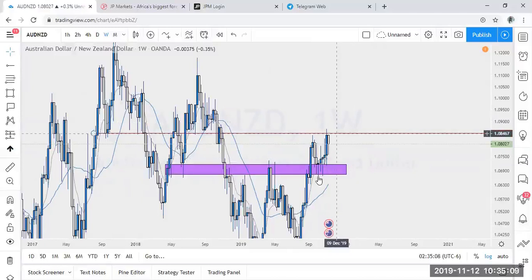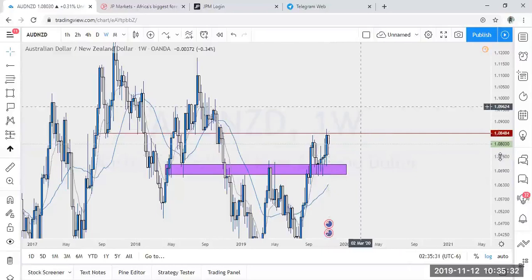We could come back for a spike again, which could spike out all these lows over here, or we could just come down to this level over here. Or this could have been the lowest spike we got on AUDNZD, and now price could probably push all the way back up, right? But this is just my weekly outlook.